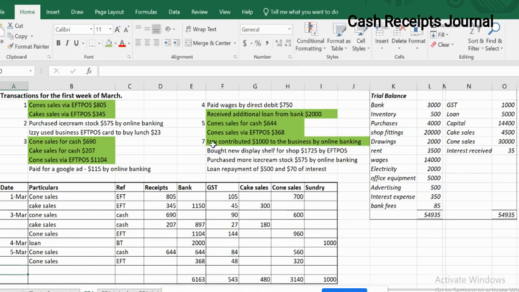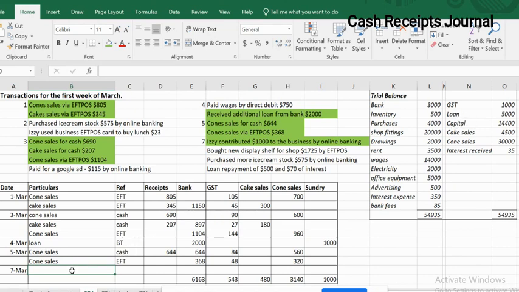Izzy, so that's the owner of Izzy's Ice Cream Parlour, contributed $1,000 more to the business on online banking. So put the date in, March. In this case here, we need to look for an account that represents the owner, and we've got this one here, capital. So when the owner invests funds into the business, that gets registered as capital.